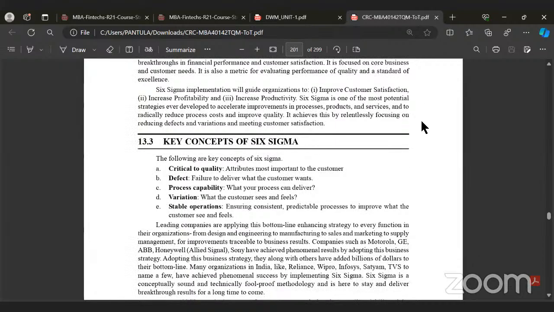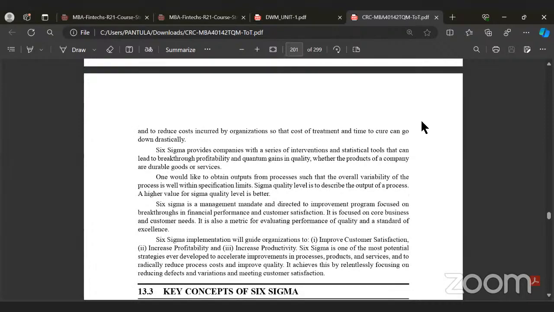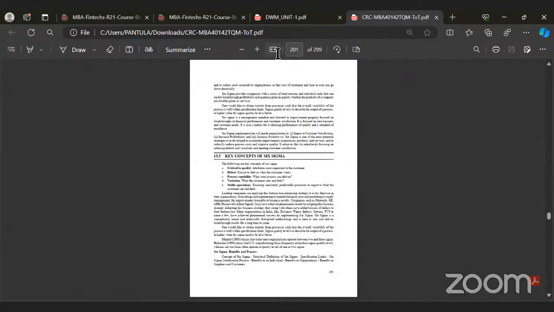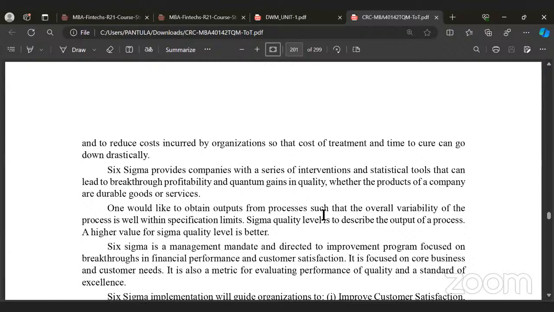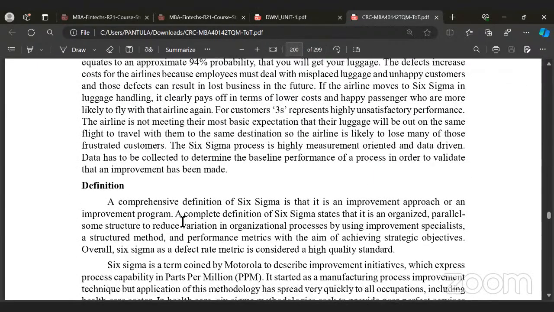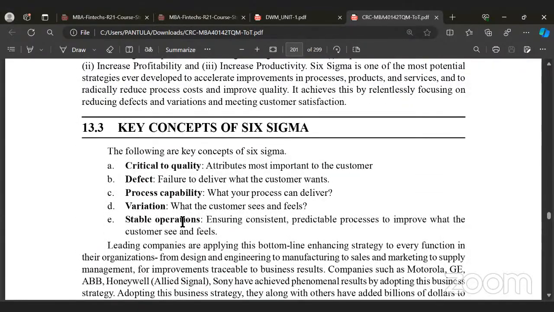There are some key elements of Six Sigma. One is critical to quality. What exactly does it mean? Critical to quality is the attribute most important to the customer: defects, failure, or delivering what the customer wants.